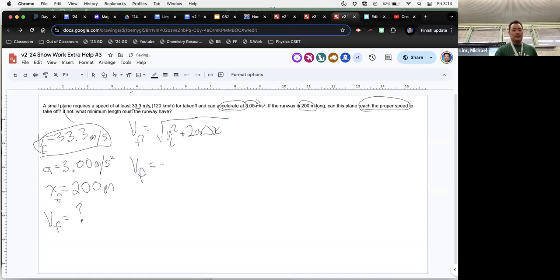So VF equals, go ahead. When it says to find the speed of it, we just input the numbers. If that's the equation you chose. Yeah, if you're looking for this, you don't have to square both sides, you don't have to do all those other steps. You just need to plug in the numbers.